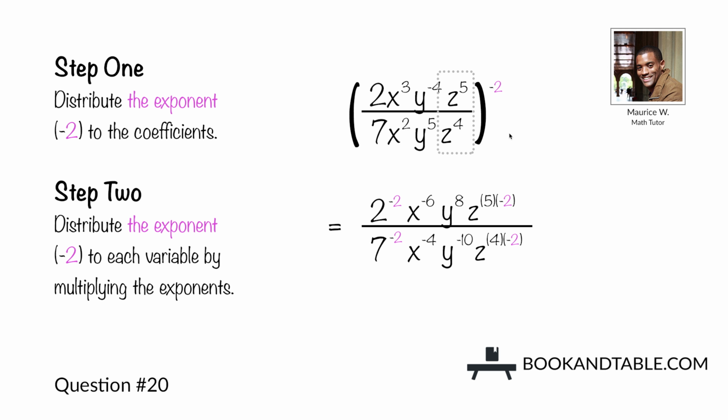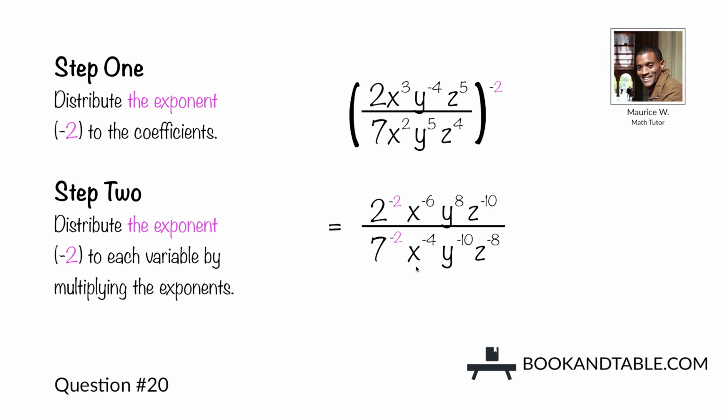Then lastly, we have z to a power of 5 divided by z to a power of 4. Distribute the negative 2 to the 5, and that gives us z to a power of negative 10 in the numerator. And in the denominator, z to a power of 4 to a power of negative 2 will give us z to a power of negative 8 in the denominator.